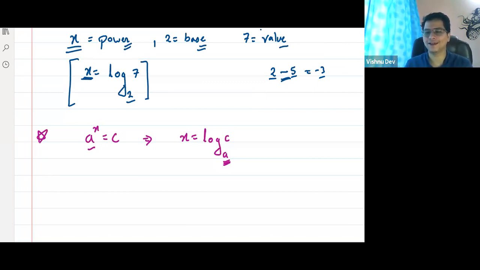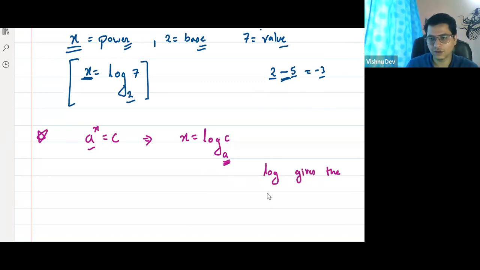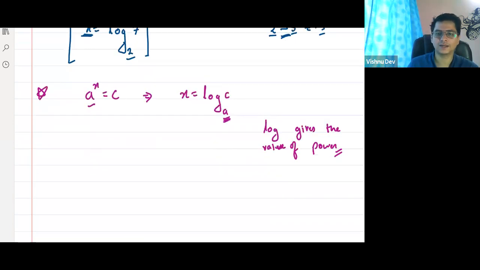Plus, minus, multiply, divide are the fundamental operators, but obviously there are many. Okay, sir. So log gives the value of power, right? I can just write this: log gives the value of power.